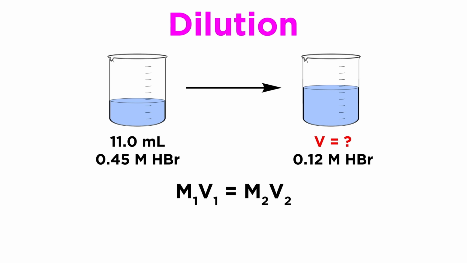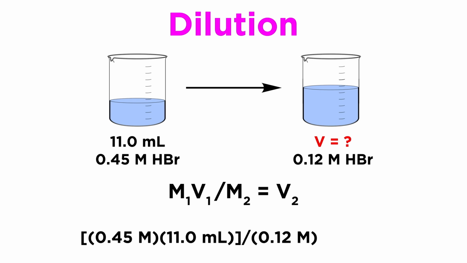Just as we did before, we will rearrange this equation to solve for the unknown variable, in this case V2. Dividing both sides by M2 will give us M1V1 over M2 equals V2. Now we just plug in the numbers we know for the initial concentration and volume, as well as the final desired concentration. Doing the arithmetic, we get 41 milliliters as a final volume.